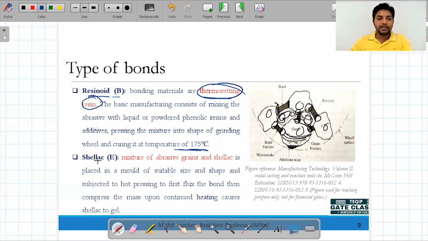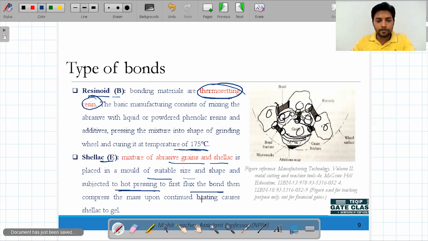Okay. Next, the shellac. Shellac is a kind of bonding material. We mix it along with the abrasive and place it in a mold of suitable size and shape. Then we apply hot pressing to first flux the bond, then compress the mass, and continued heating causes the shellac to gel.